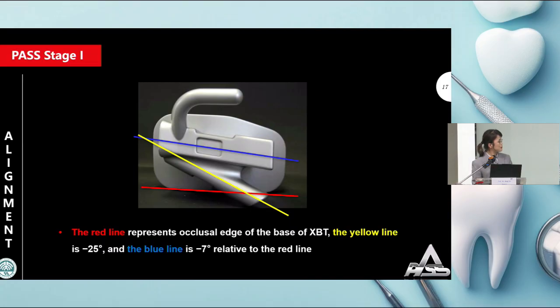The red line represents the occlusal edge of the base of XBT, the yellow line is the minus 25 degree, and the blue line is minus 7 degree relative to the red line.